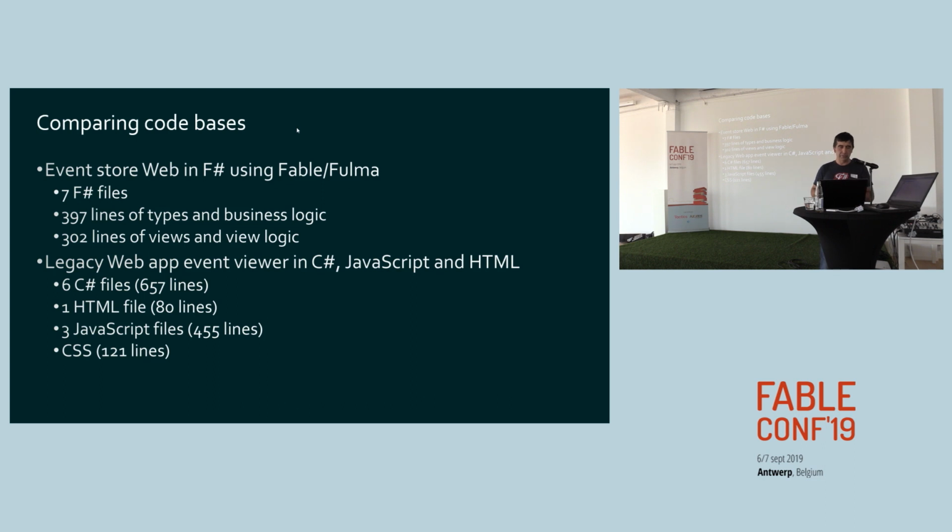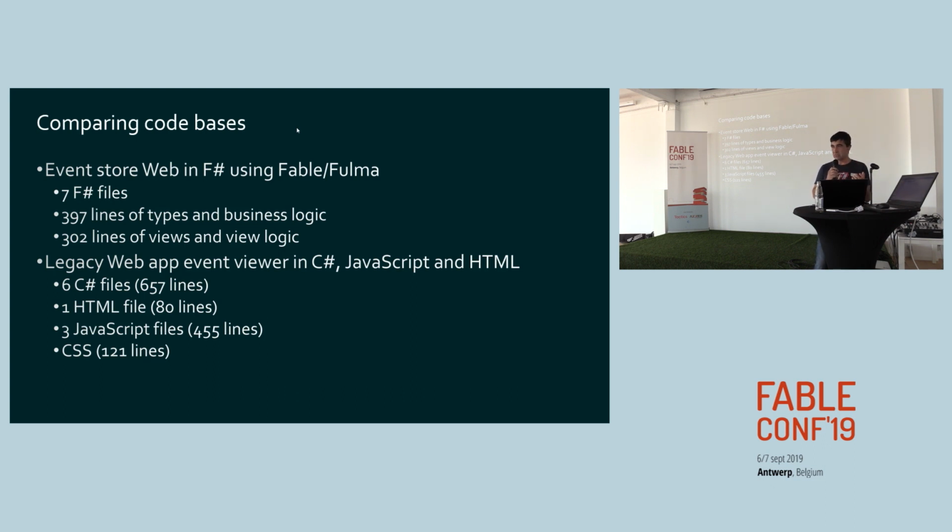And if we look at code metrics, that's also interesting to compare. For our old MongoDB, we had a C# app which showed the content of these journals. And you see that, first of all, it had twice as many lines.